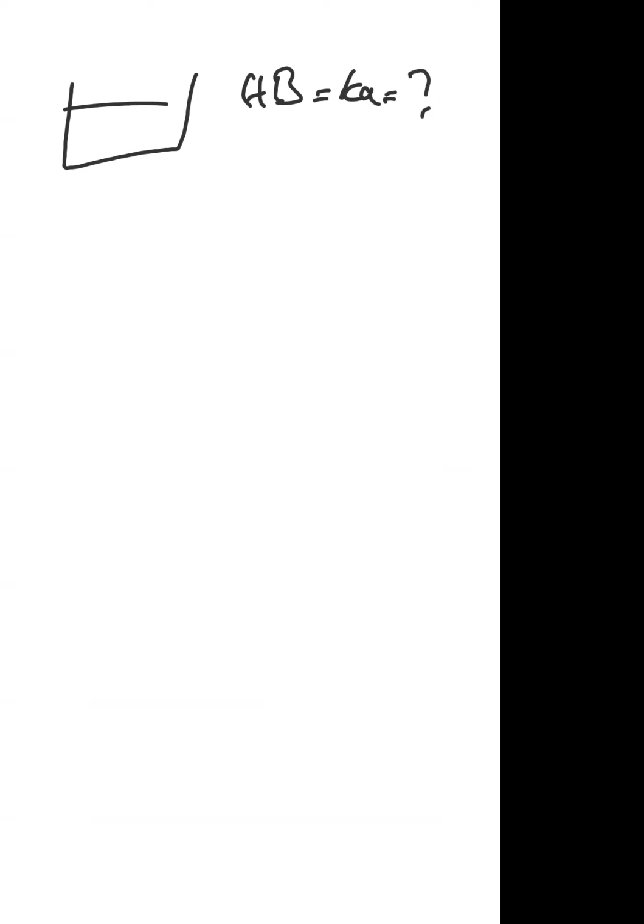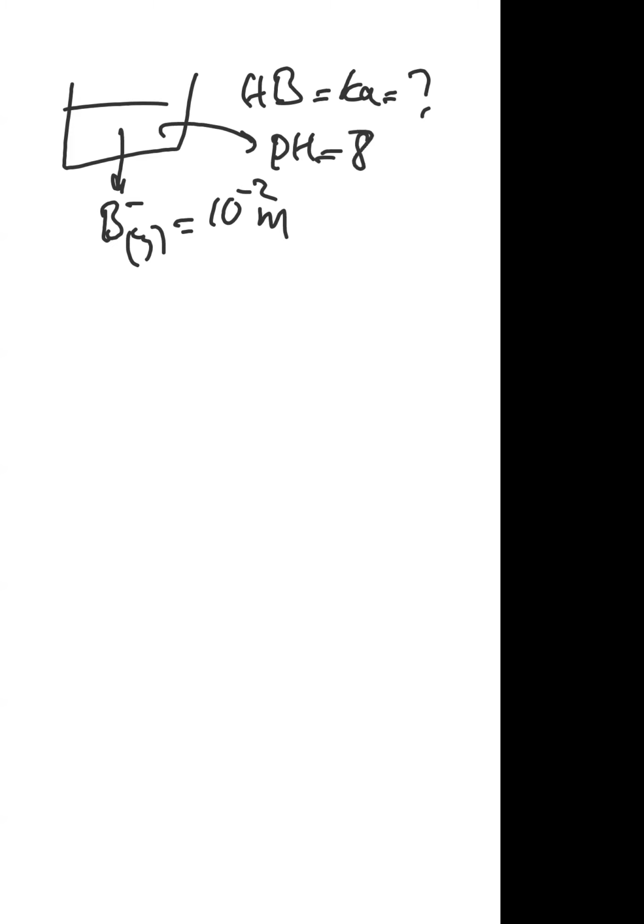Then we have an aqueous solution of B minus, with a concentration of 10 to minus 2 and a pH of 8. Then I want us to calculate the Ka value for HB.